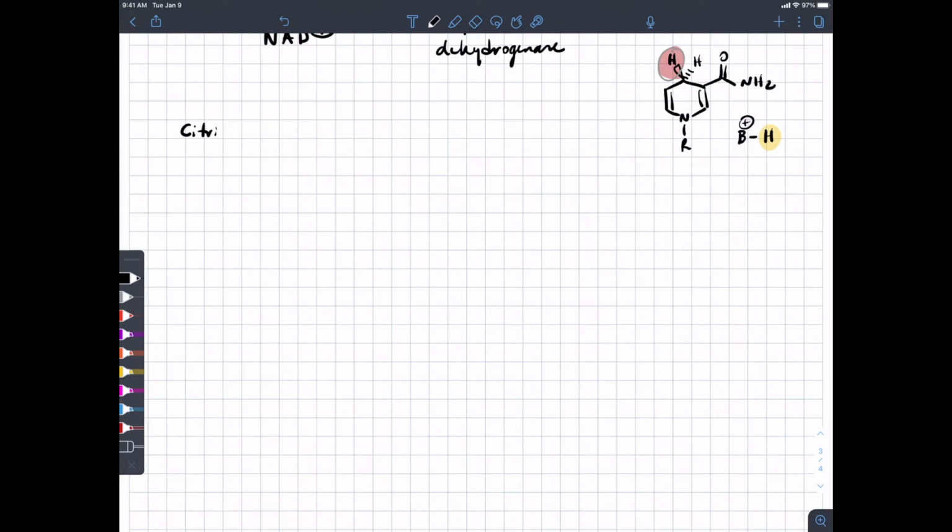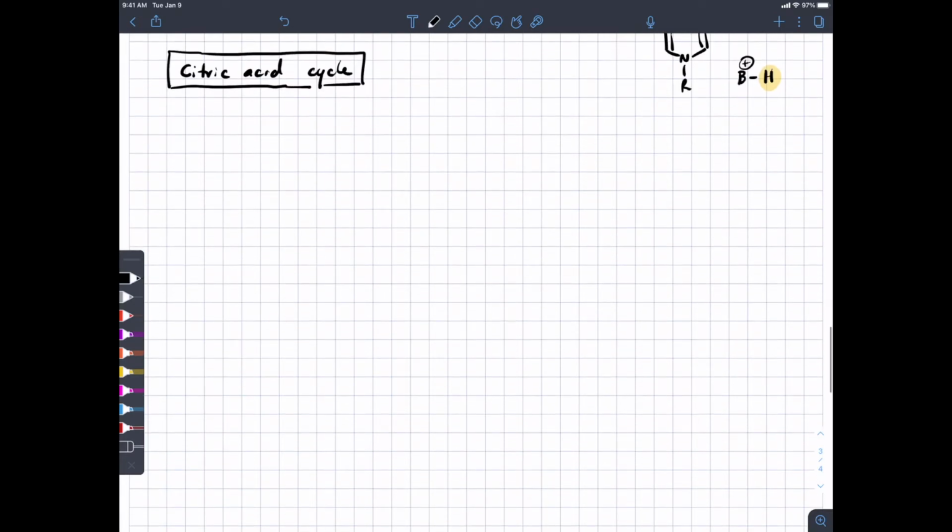All right. So the citric acid cycle occurs in mitochondria, unlike glycolysis. The citric acid cycle is present in mitochondria in eukaryotic cells. Bacteria don't have this.